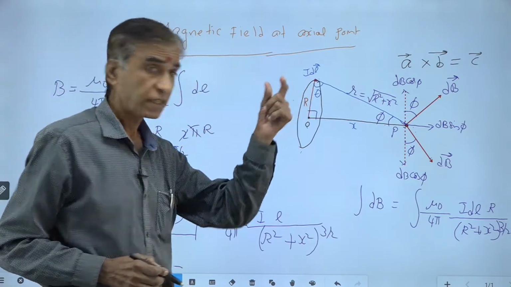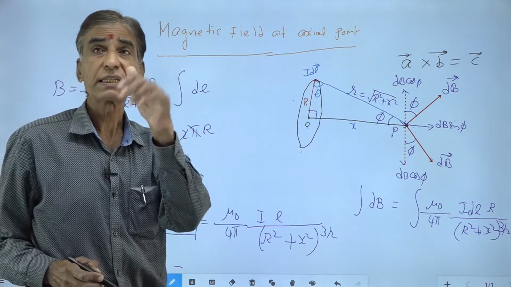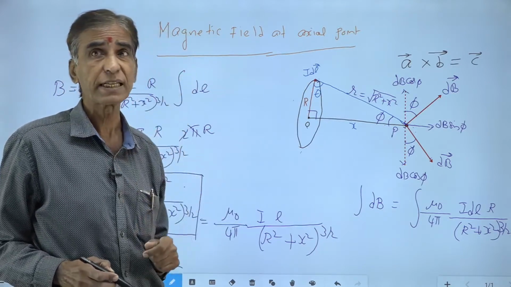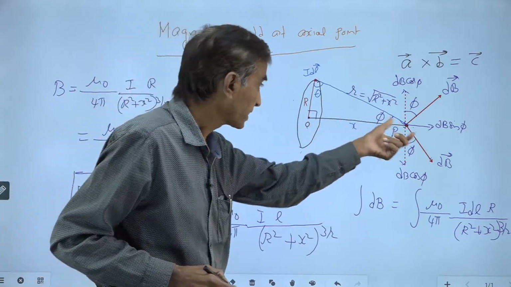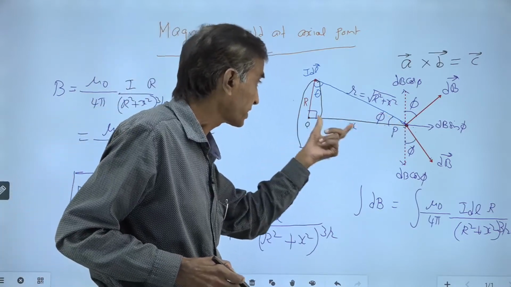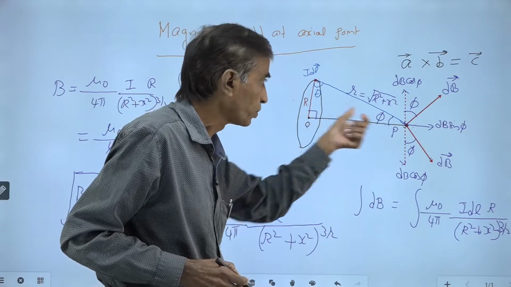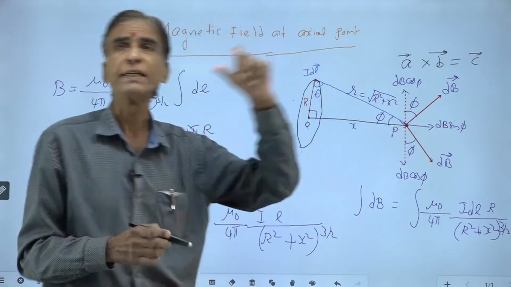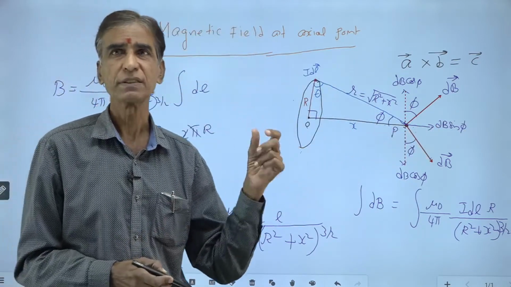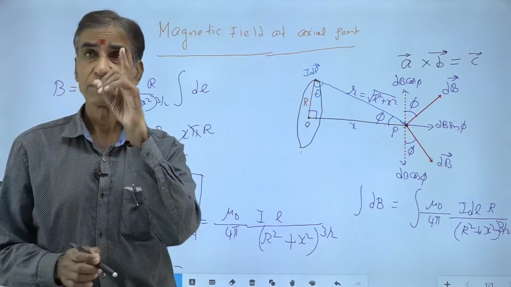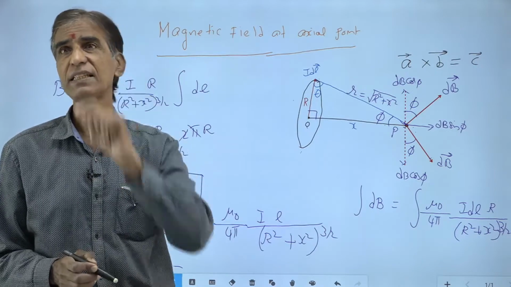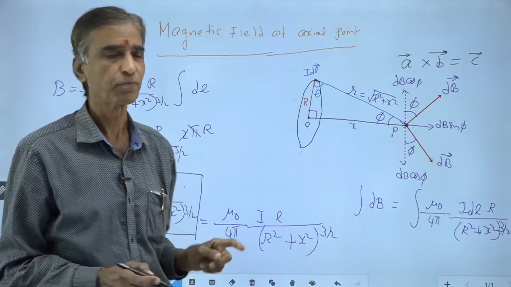Capital R is the radius of the loop. Generally sometimes they will take A also as radius, and x is the distance along the x axis, that is the shortest distance from the center of the loop to the point P. That is the x distance, or the shortest distance which we have taken as d previously for a straight conductor.